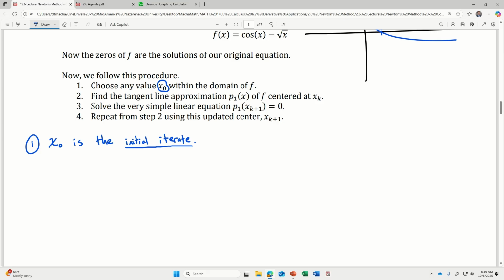Step number 2, we're going to find a tangent line approximation of my function centered at x0.